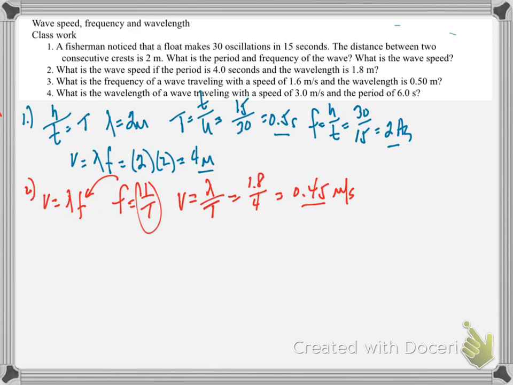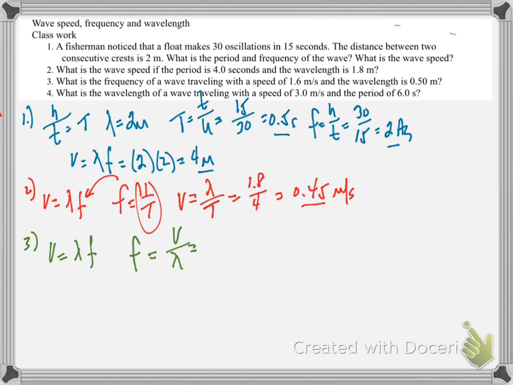Number 3. What's the frequency of a wave traveling with a speed of 1.6 meters per second and a wavelength 0.5 meters? So we have velocity equals lambda f, and we're looking to solve for frequency. So we divide both sides by lambda, and frequency is then isolated with velocity over lambda.